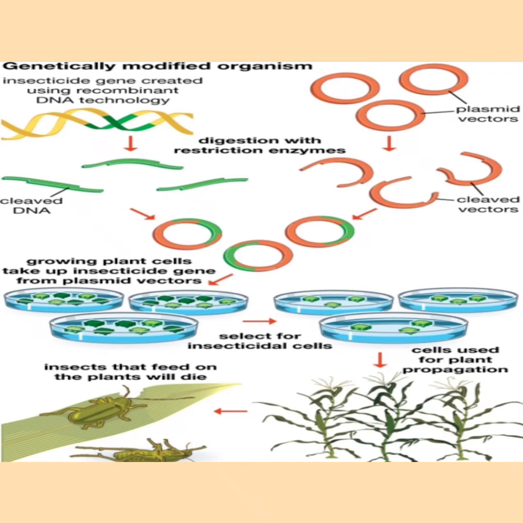The cleaved DNA from the DNA strand and the plasmid are joined together to form a recombinant DNA, and they are allowed to grow in petri dishes in the culture media in the laboratory, so that clones of DNA are formed, and these are selected for insecticidal cells. The cells are used for plant propagation. Hence, the insects that feed on the plants will die and the insect-resistant plants are obtained, otherwise called transgenic plants.